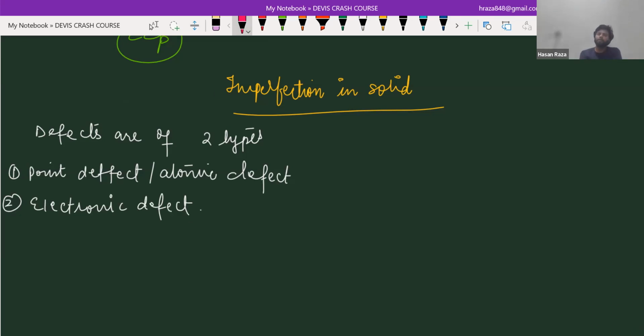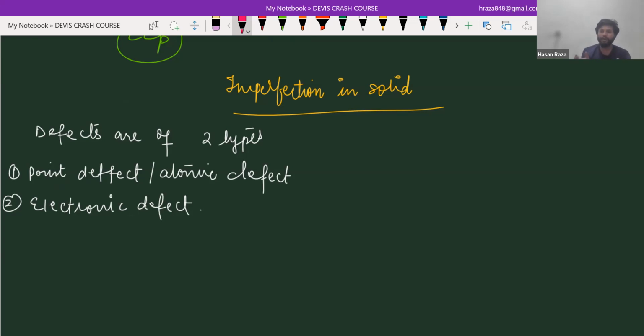Like if you are going to dope, have you studied semiconductors? You know a semiconductor partially conducts electricity. In order to make a semiconductor conduct, we do doping. We know why a metal conducts: because it has free electrons. So in semiconductors we do doping, which is mixing it with another element that helps to conduct electricity.